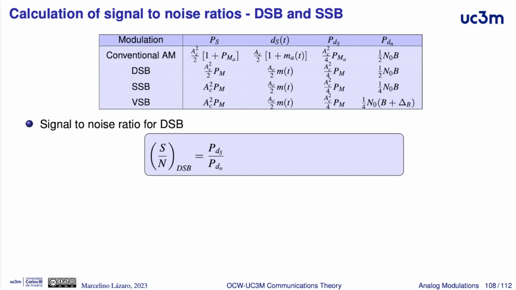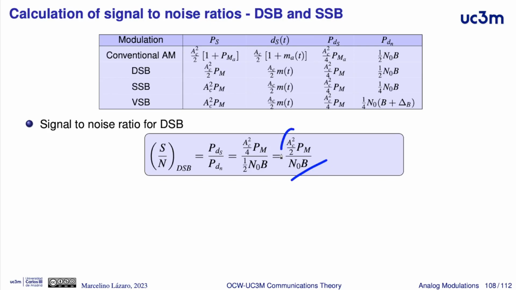We start the analysis for the double sideband modulation. In this case, the signal-to-noise ratio is the ratio between the power of the signal component and the power of the noise component. If now we simplify this 1/2 and 1/4, we can see that the signal-to-noise ratio can be written as follows.